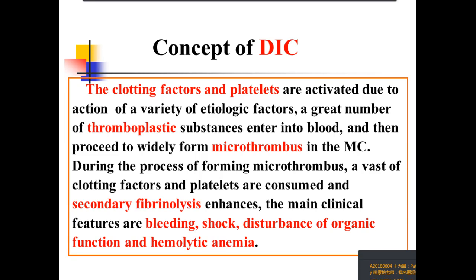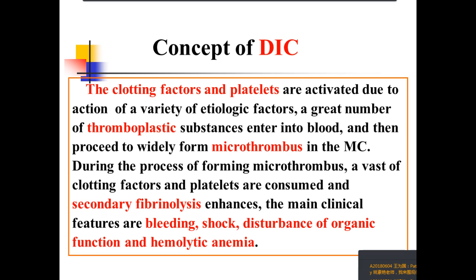So next it must lead to thrombin increase, coagulation function increase, and form microthrombus in the microcirculation. Now what forms microthrombus? Coagulation factors and platelets form microthrombus. So what are consumed? Coagulation factors and platelets are consumed. So in the patient's blood, coagulation factors and platelets decrease.